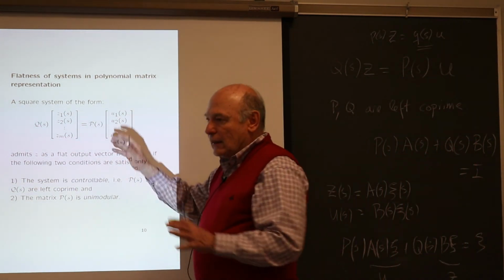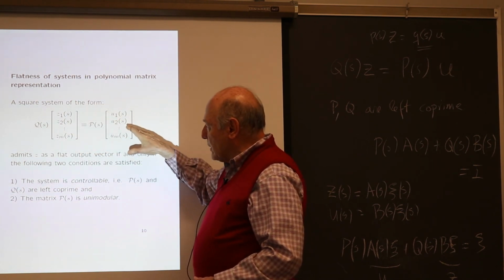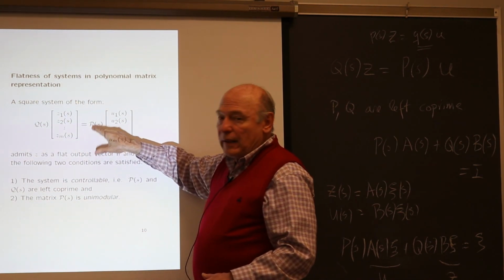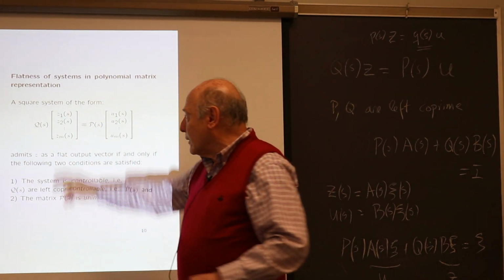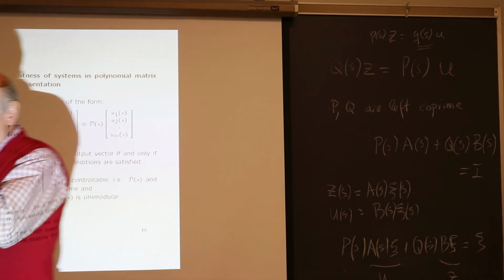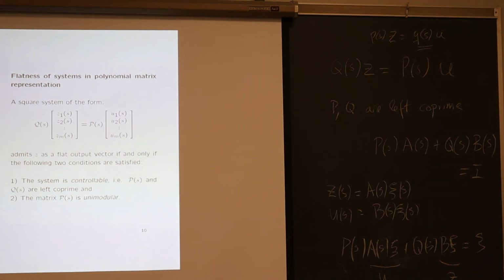And if you find that in your system you manipulate your equations until you get a representation like this, and P is unimodular, its determinant is constant, then the flat output is C. As long as C doesn't satisfy any differential equation, that means that Q has to be full rank. Q has to be invertible.